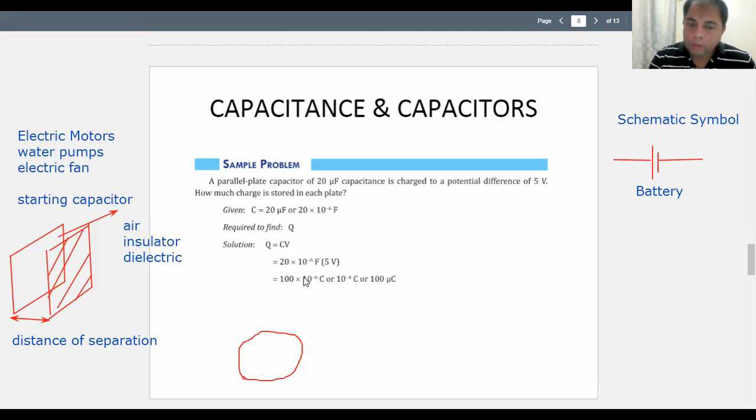So you will eventually have 100 times 10 to the minus 6 coulomb, because this is now a charge, or that is equivalent to 100 microcoulomb. So that is getting the charge given the capacitance and the voltage.